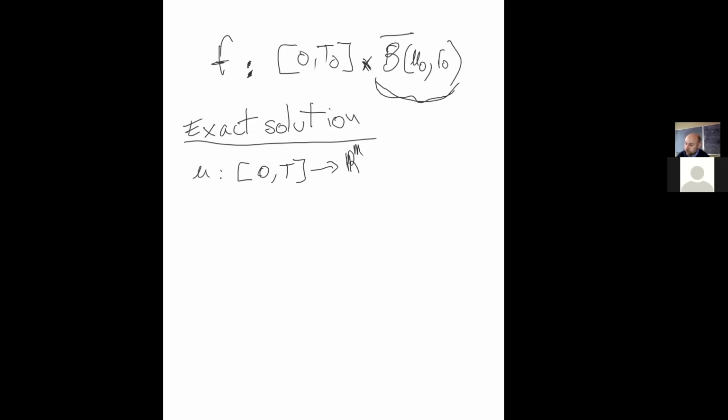So I just write it like that. U of t is, by definition, u node plus the integral between 0 and t of f of s, u of s ds.